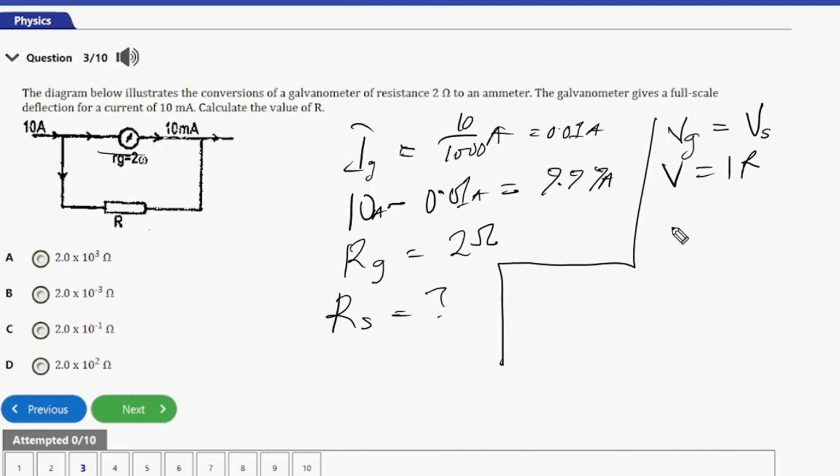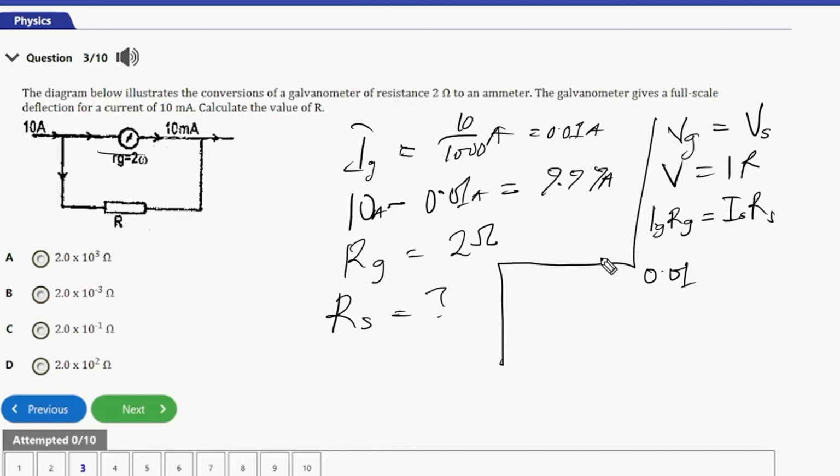Now if V is equal to IR, it means that I in the galvanometer times R in the galvanometer is equal to I in the shunt times R in the shunt. Well, I in the galvanometer is already given as 0.01 from our calculation, 10 milliamps, that's 0.01 amps.